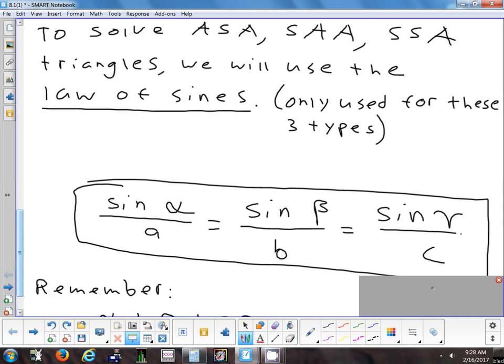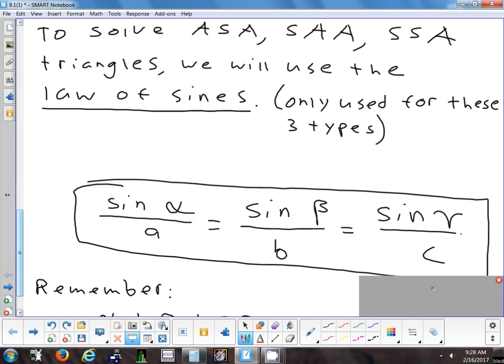So I'm not going to go through it again. But this is the law of sines, and we proved the first two parts. The idea with this law is you never use all three parts at the same time. You either use the first two parts, the last two parts, or the first part and the last part.